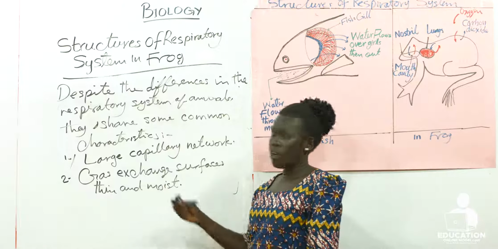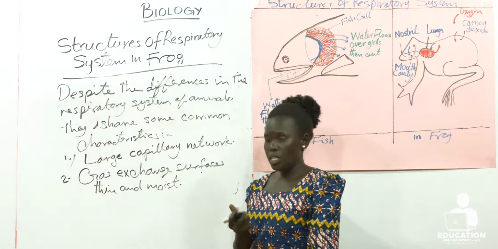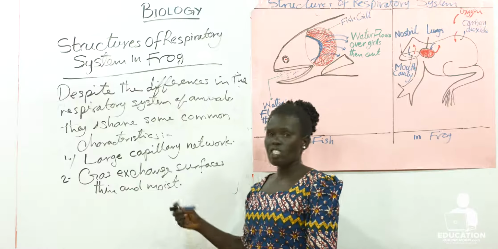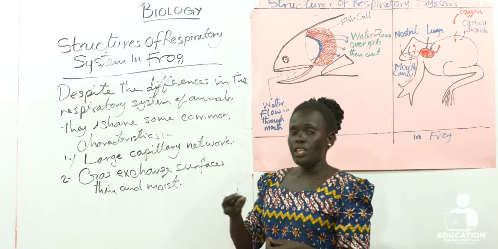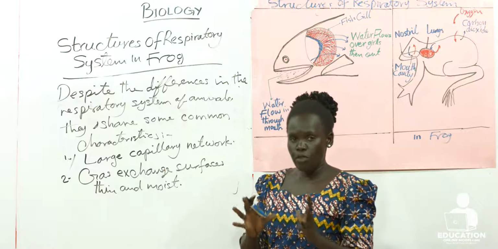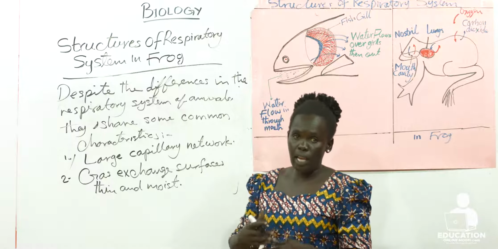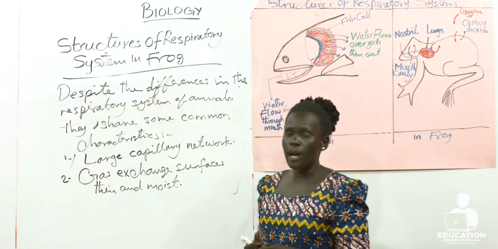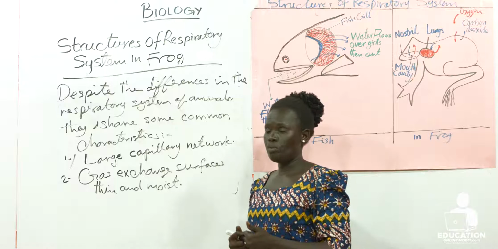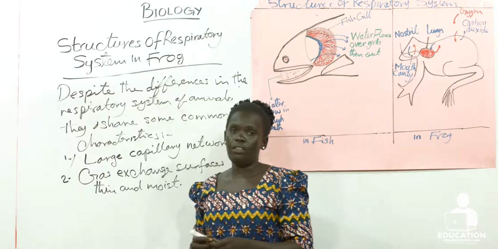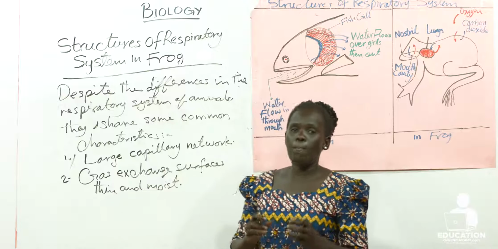At the same time, you find them very moist. Why is it always moist? Because for the oxygen to diffuse, it needs to be dissolved in water, and from there it can be absorbed by the tissue. And it needs to be thin so that it becomes what? Permeable.